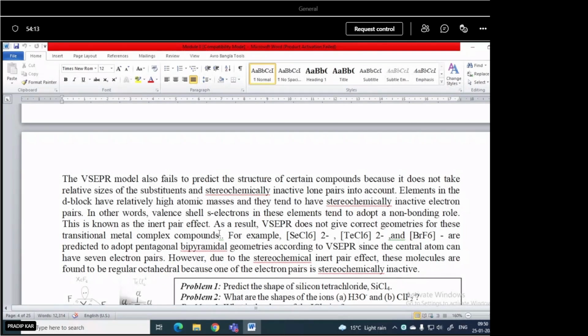And also, in case of valence s electrons, here is the inert pair effect, you may find about that inert pair effect.